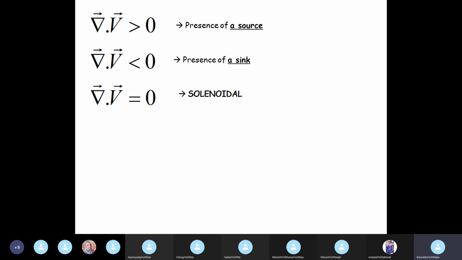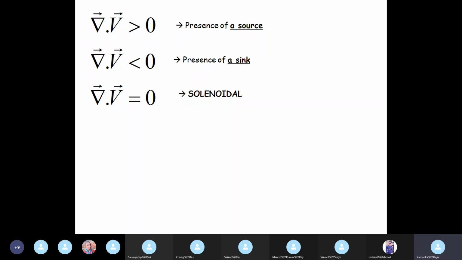For example, when there is an electric field, electric fields are represented by electric lines of force, right? So if I tell you that at the point P whose coordinates are XYZ, the flux of electric lines of force is very high, what would you understand?